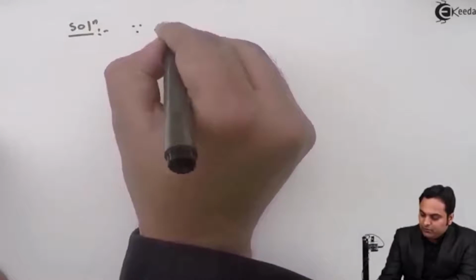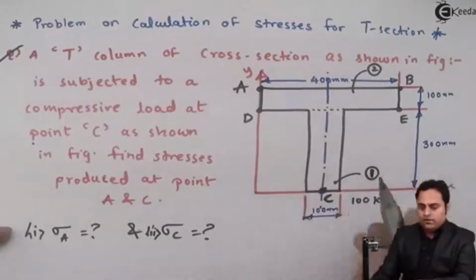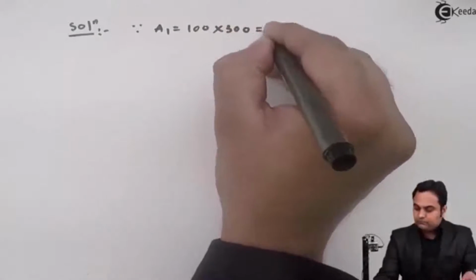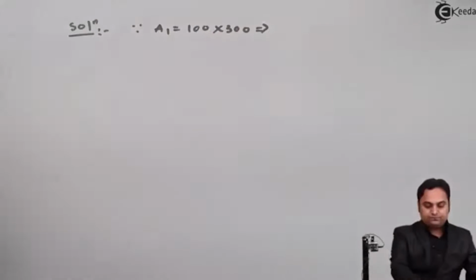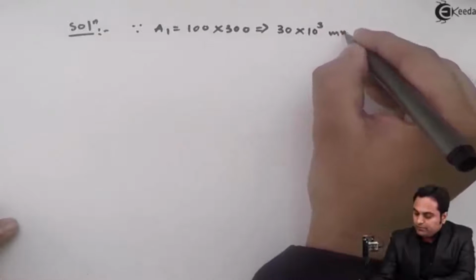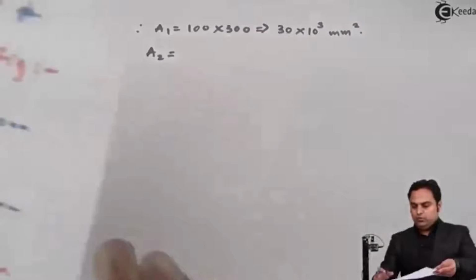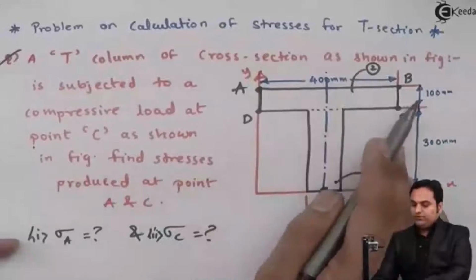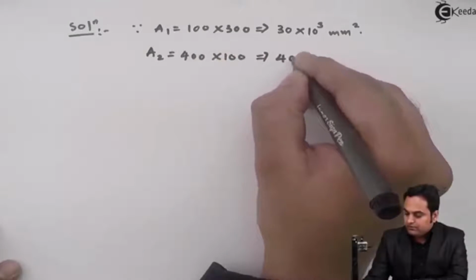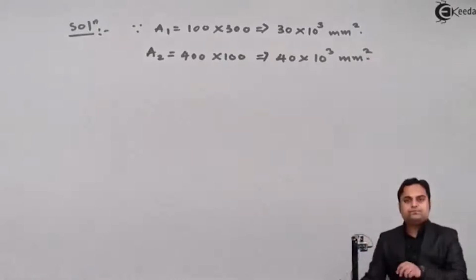Area 1, which is the area of the web, is 100 into 300, so that is 30 into 10 raised to 3 mm square. Then area 2, which is 400 into 100, is 40 into 10 raised to 3 mm square.